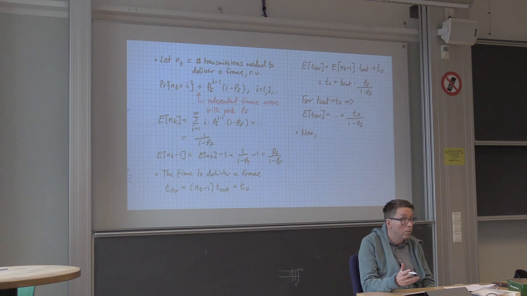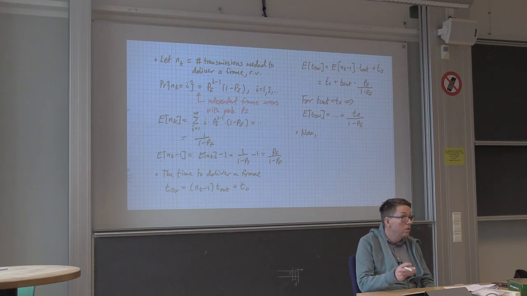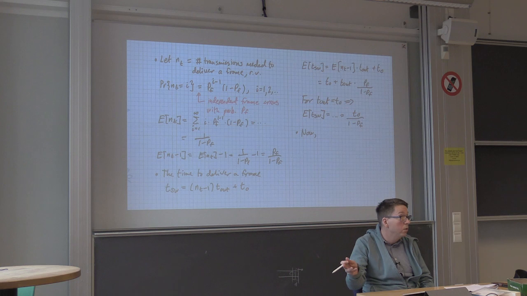So it makes sense. However, if pf increases, we see that the average time is also increasing. When pf is approaching 1, that is, it's very likely that we get frame errors, the time to deliver a frame increases quite rapidly, which is also to be expected.